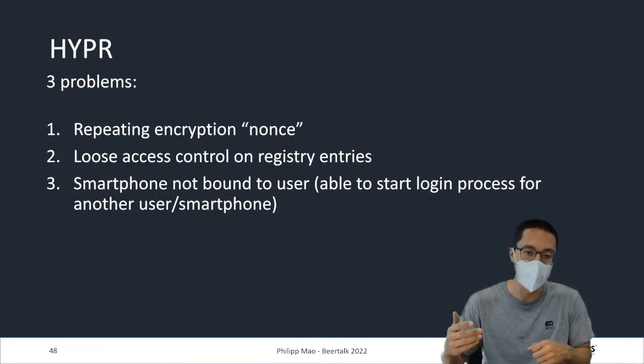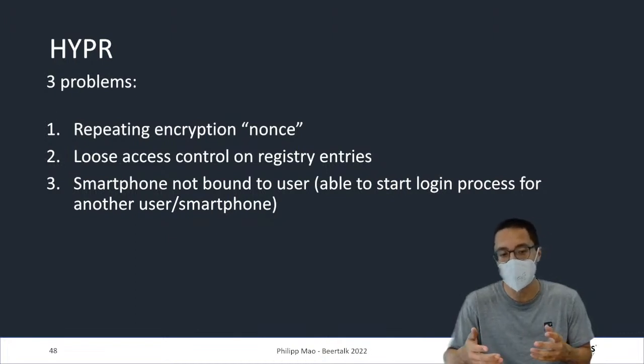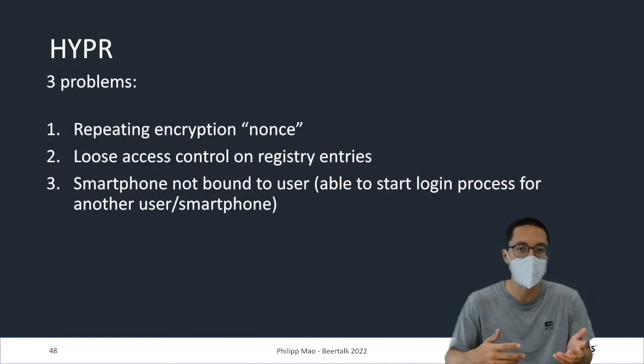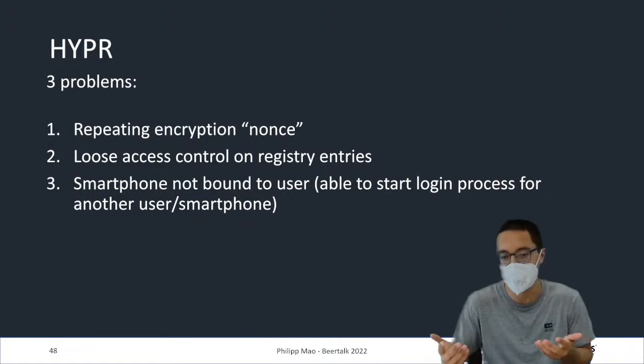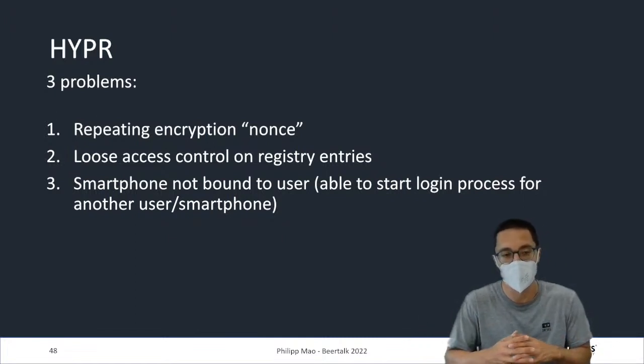Only the user to whom these registry keys belong should be able to read these values, not any user. And it's also a bit strange that login flows for other users can be started with the attacker's biometrics. But steps 0, 1 and 2 are fixed in the newest HYPR versions.